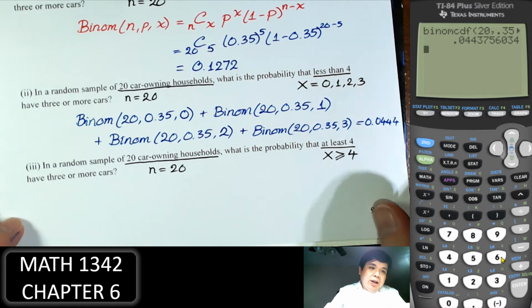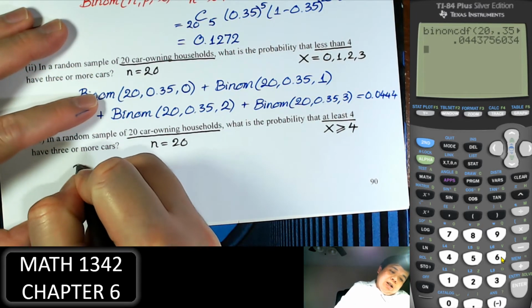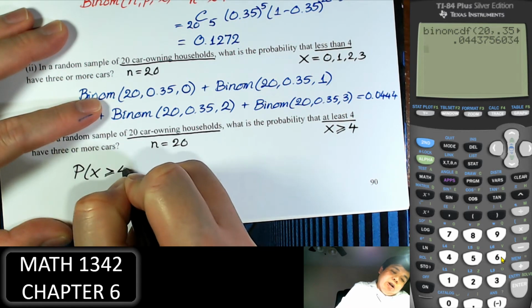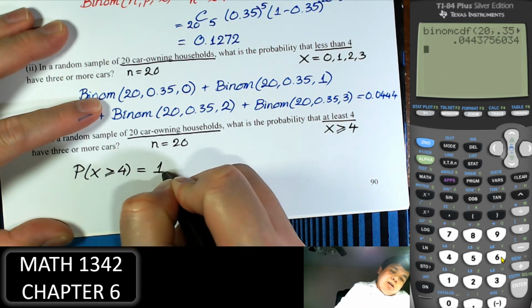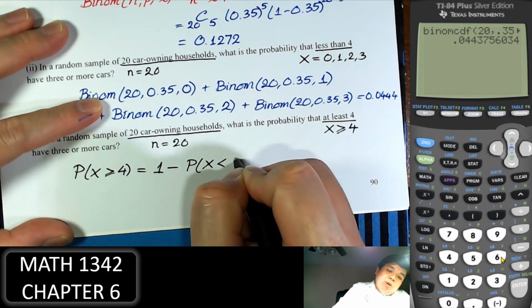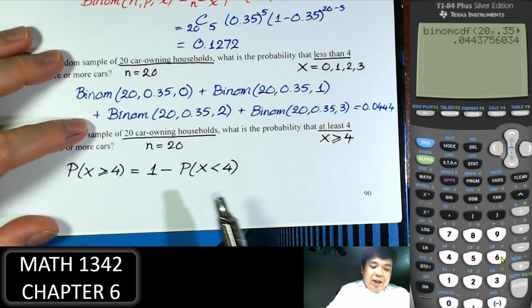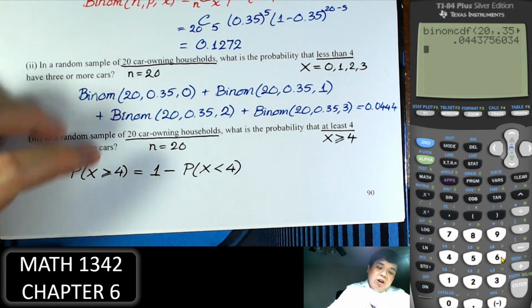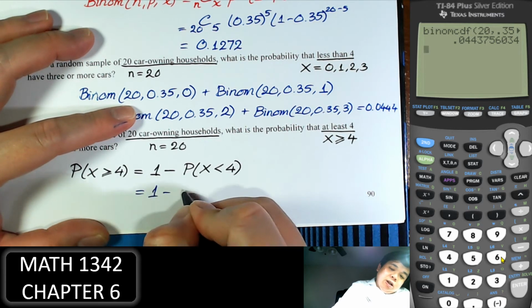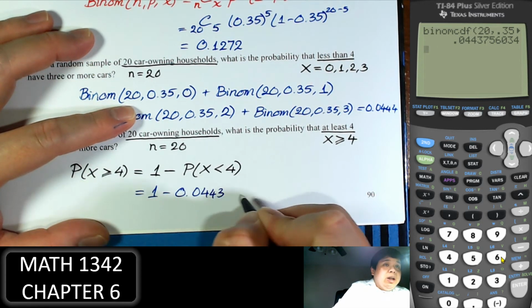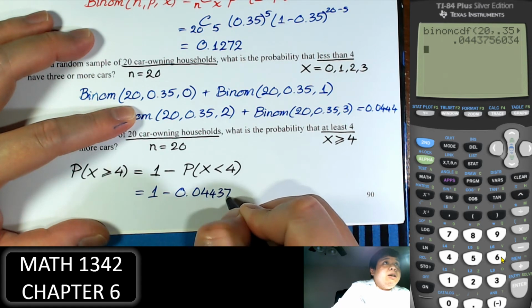So we'll say the probability of getting x greater than or equal to 4 is the complement. So it's 1 minus the probability of getting a number less than 4. The probability of less than 4 here will be exactly what we have from the previous problem, 0.04435756.